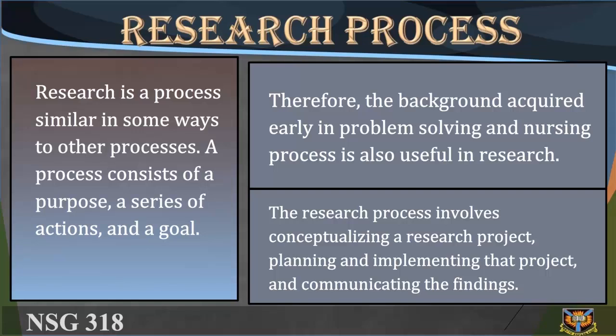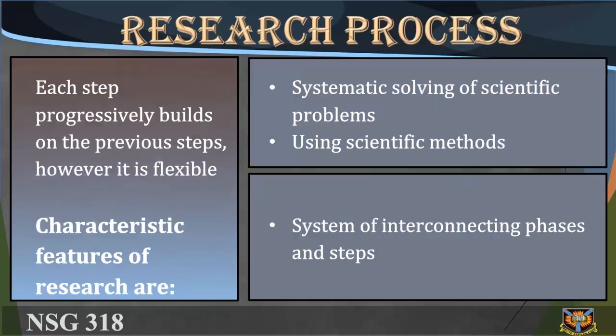The research process involves conceptualizing a research project, planning and implementing that project, and communicating the findings. Each step progressively builds on the previous steps. However, it is flexible. Characteristic features of research are systematic solving of scientific problems, using scientific methods, and a system of interconnecting phases and steps.